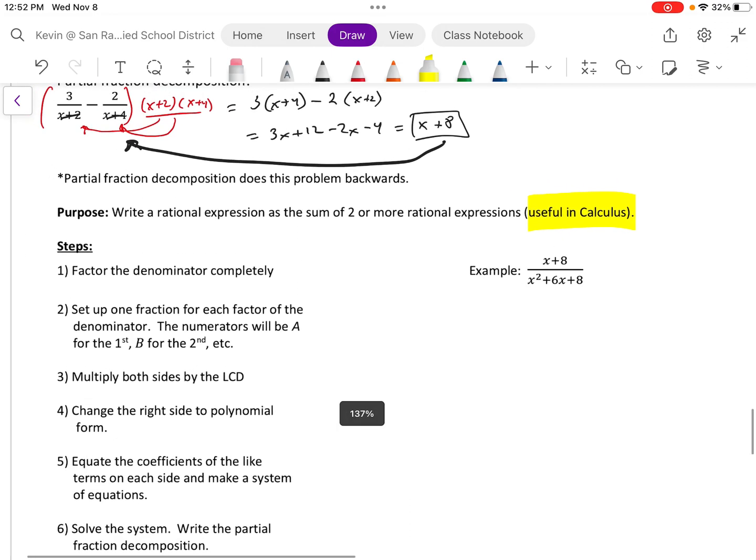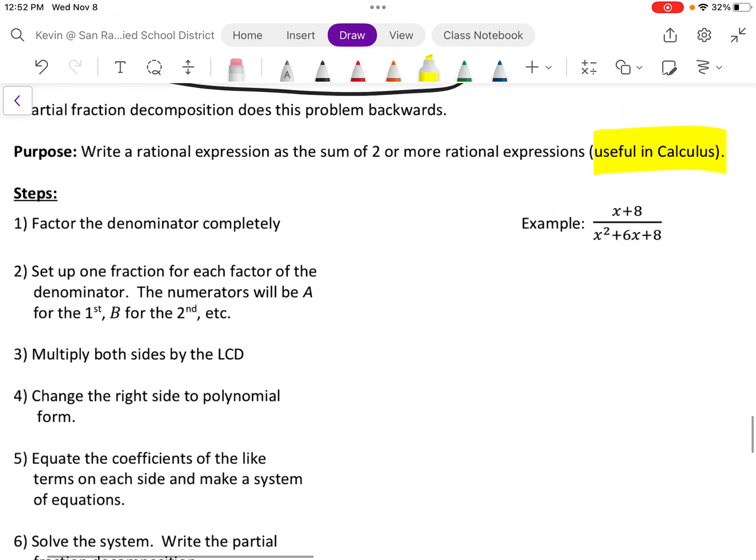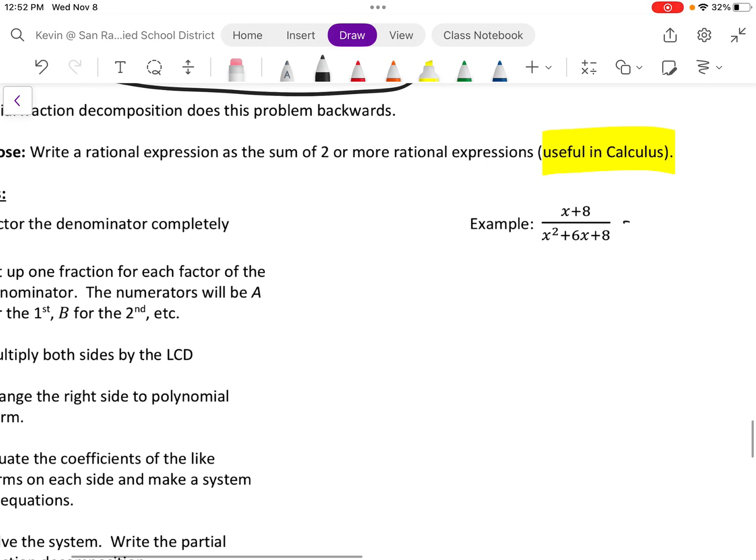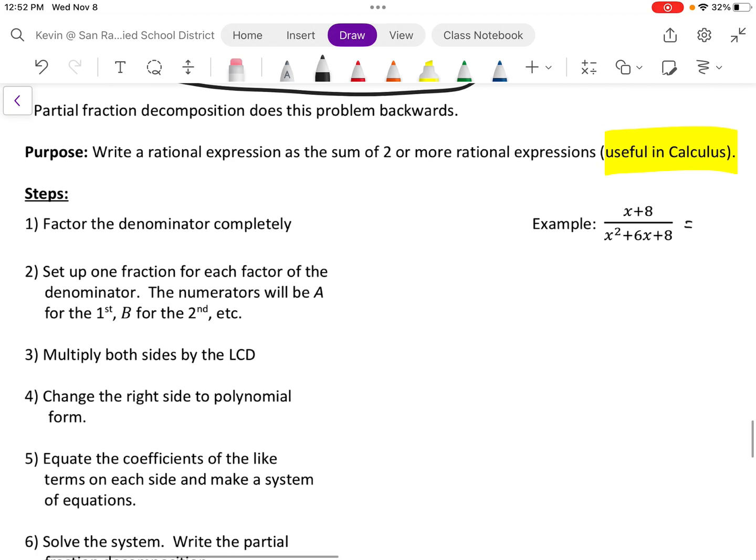All right. So how does this work? Well, step one is we want to factor the denominator completely. So we come over here and we have a rational expression, and we're going to rewrite this rational expression as the sum of two or more rational expressions.